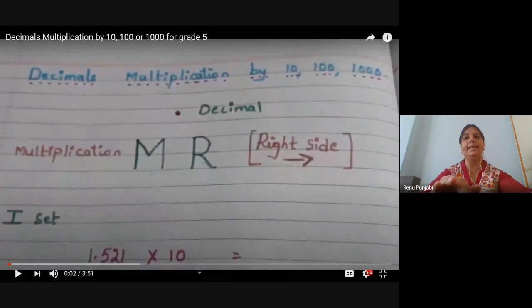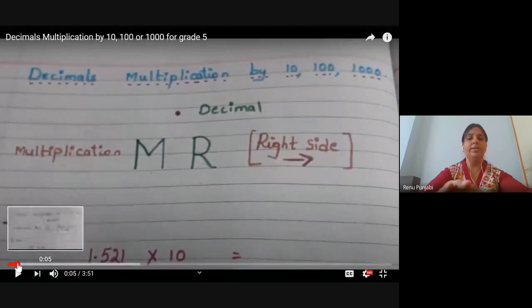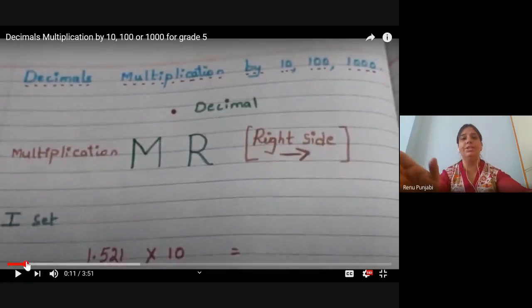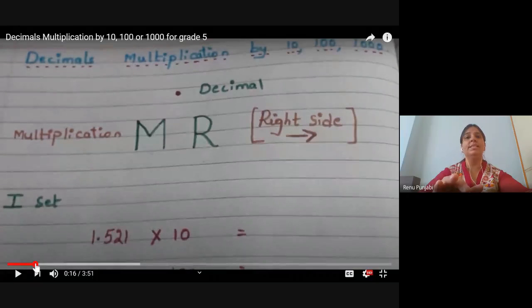Multiplication by 10, 100 and 1000. For example, if you have this number, I will explain different situations. In multiplication, the decimal will shift towards the right side.